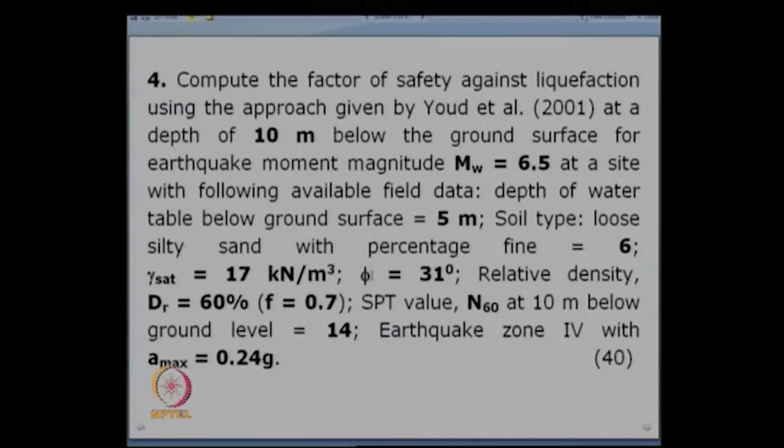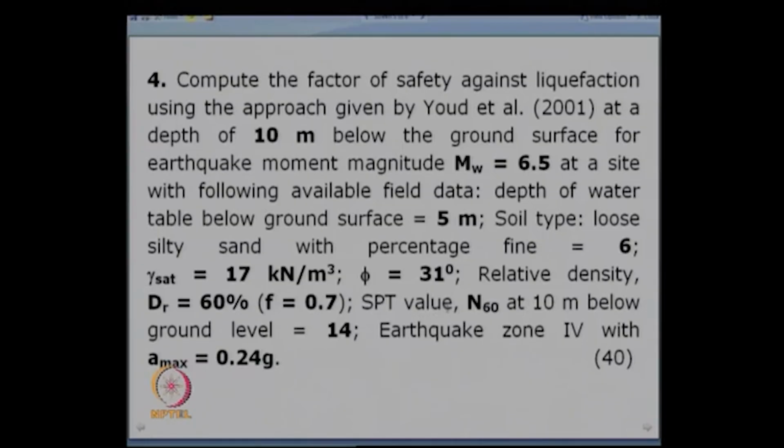Friction angle of the soil phi is 31 degree. Relative density of the soil Dr is 60%. Corresponding to that, we know the factor f, which needs to be used as a correction factor later on for solving this problem; that f is 0.7.